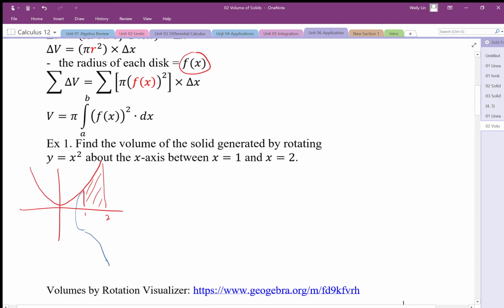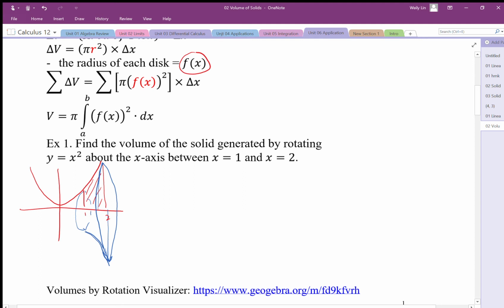It's not the greatest drawing, but we end up with a shape with a circular face on the front, a circular face on the bottom there, and this volume is going to be generated here.